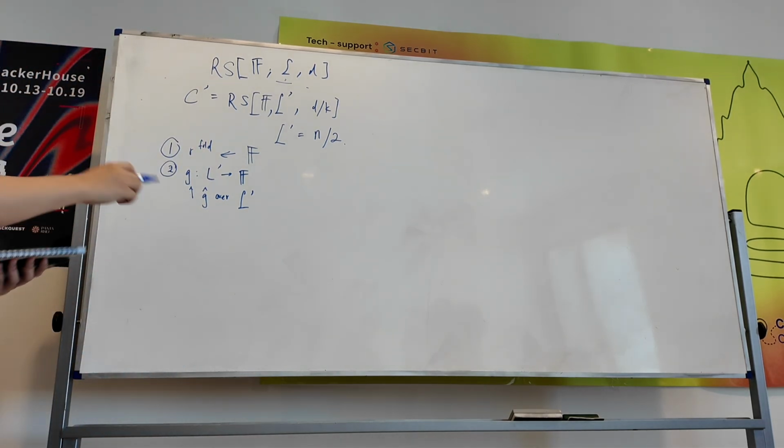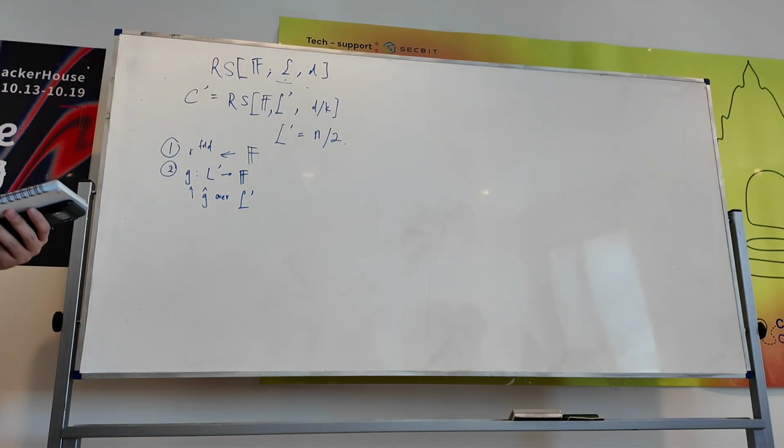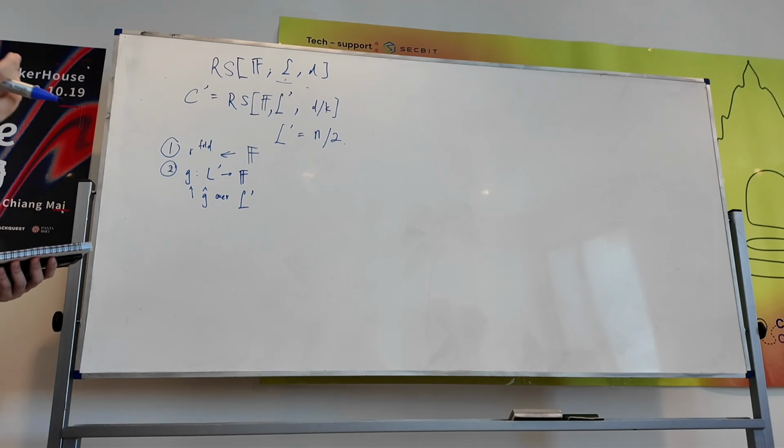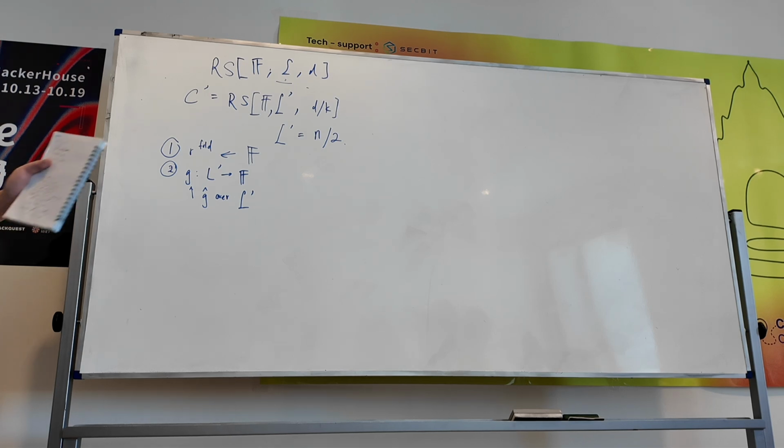Okay, I'll explain it a bit first. The first step is the same as FRI, in which the verifier sends over a random value for the folding step. On the second step, it starts to differ.